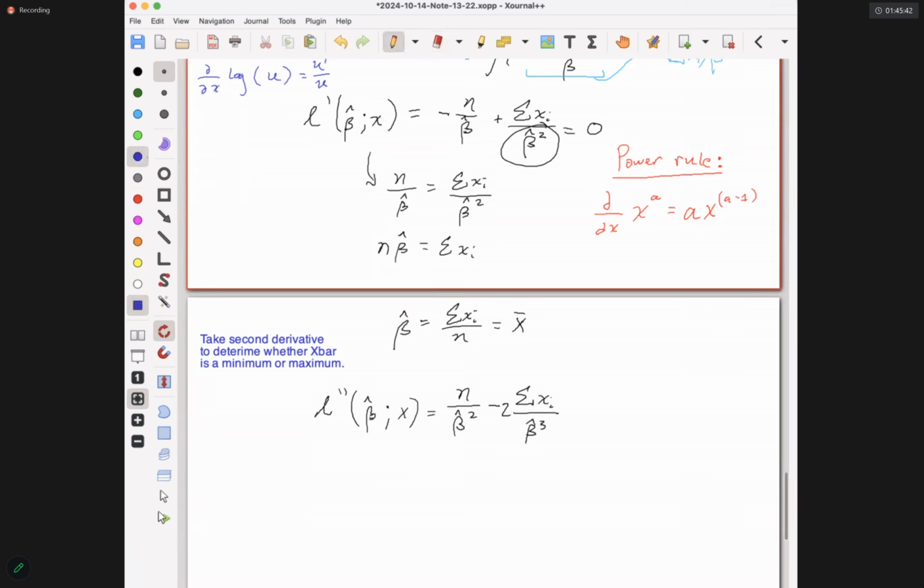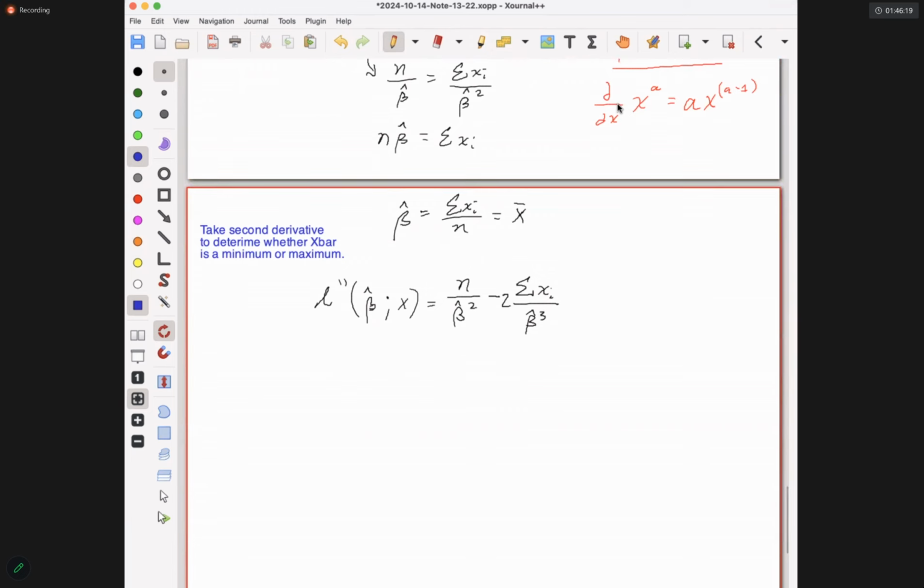Because here, in this first derivative, this term we can write as beta hat to the negative 2 times the sum of the xi's. And so we've got negative 2 times beta hat to the negative third times the sum of the xi's. Does that make sense? Okay.